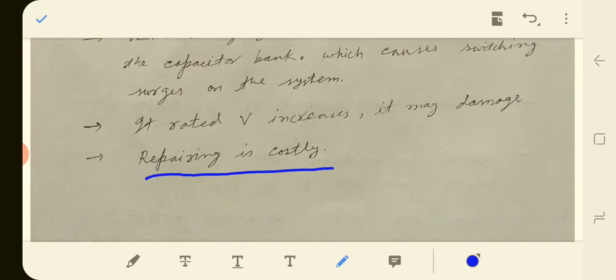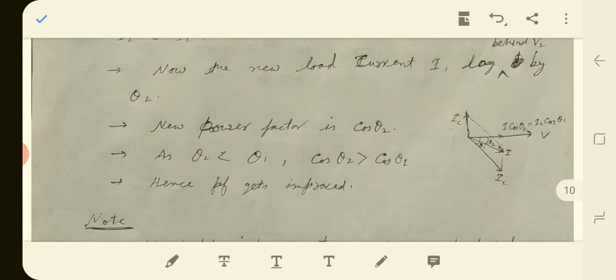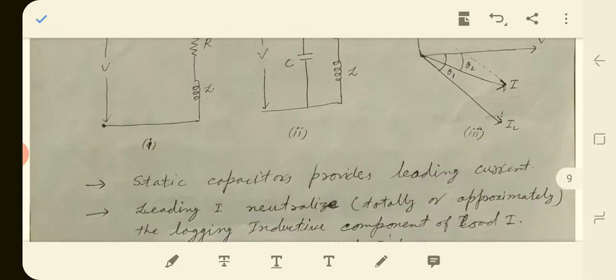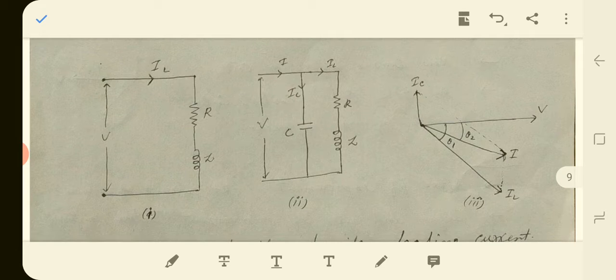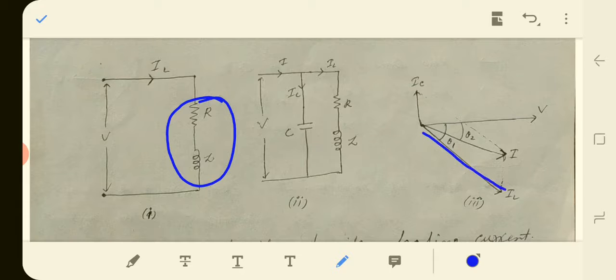This was all about the static capacitor method. Here we have discussed that the loads are inductive, and inductive loads take lagging current and lagging power factor. For power factor improvement, we have to reduce the angle phi, and for that we connect a capacitor in parallel with the load.